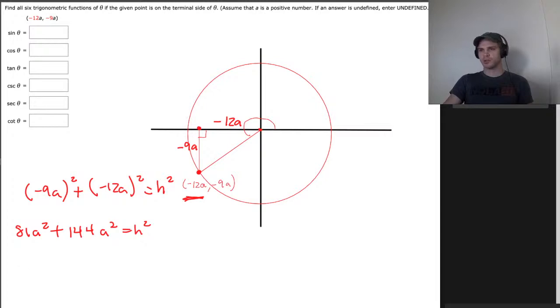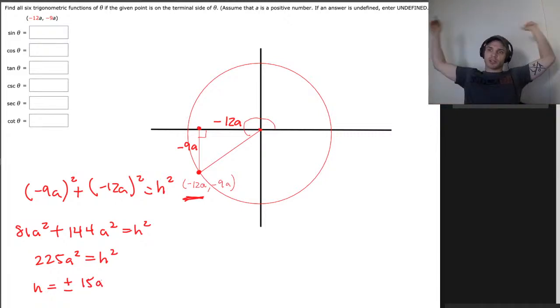This is 225a squared, which is equal to h squared. And then we're looking for h, so I'll take the square root of both sides. So h will be plus or minus the square root of, so the square root of 225 is 15, and the square root of a squared is a. Okay, so plus or minus 15a.